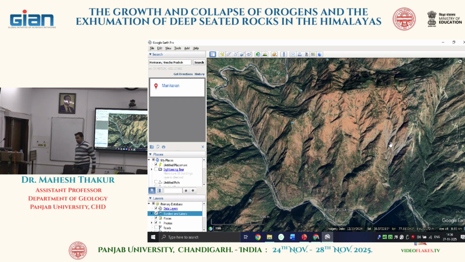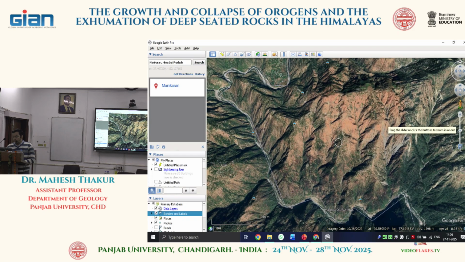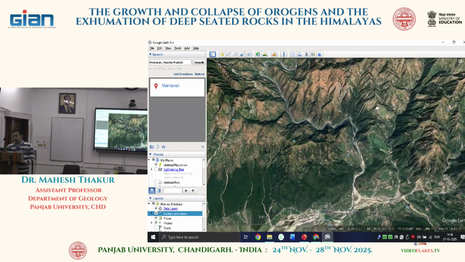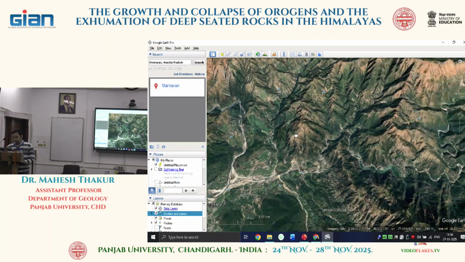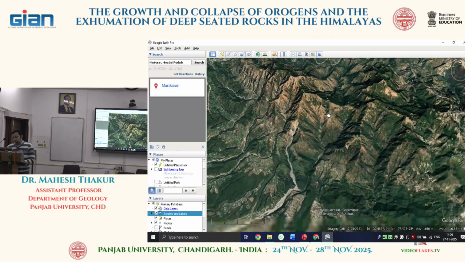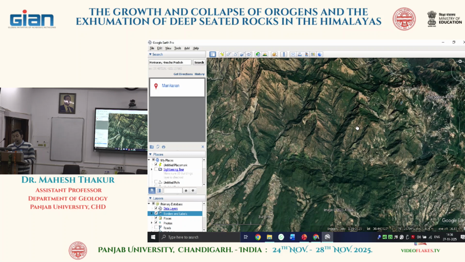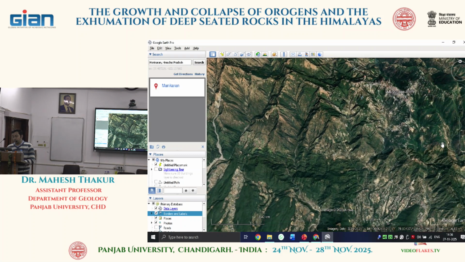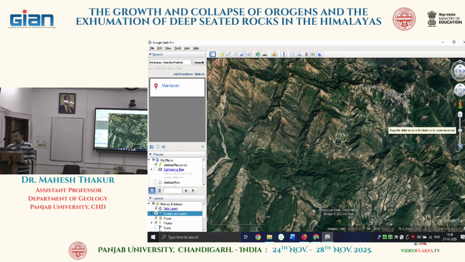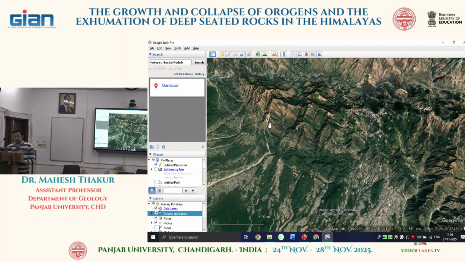No doubt that when we are talking about erosion, that is mainly controlled by the strength of the rocks.